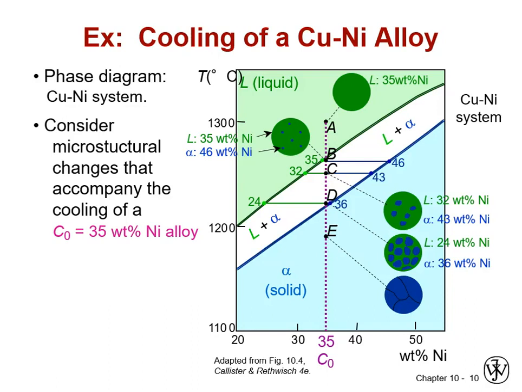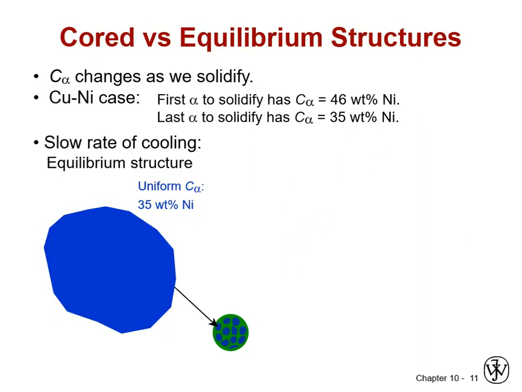Well, for that final solid, for all the way across that grain to have 35 weight% nickel, we have to get the nickel atoms in the nickel-rich original core out to the outside to mix with the copper-rich material that's coming down last, that copper-rich liquid. So again, that has to happen by diffusion. So if that diffusion doesn't keep up, we end up with a non-uniform composition across the grain. And this little animation will show you a schematic of what happens in that case.